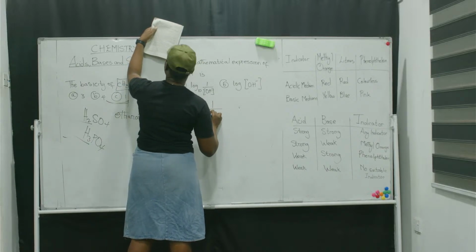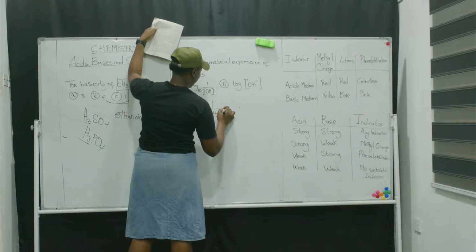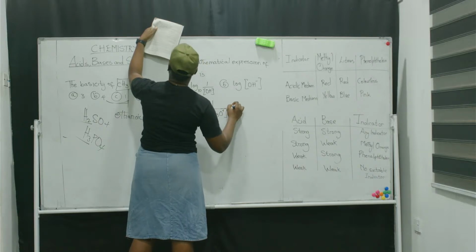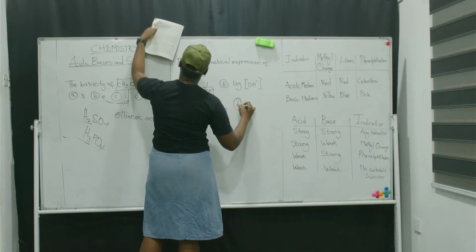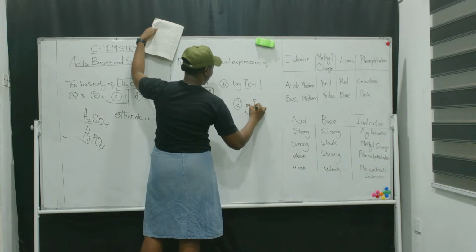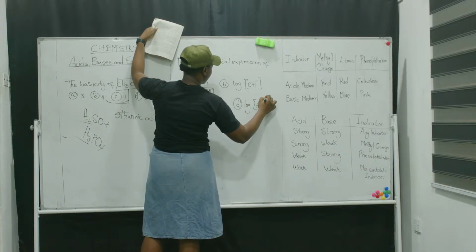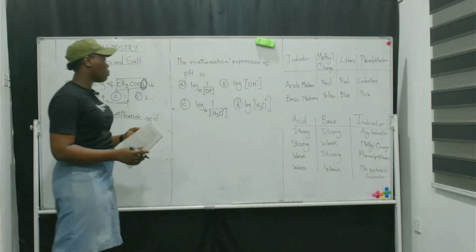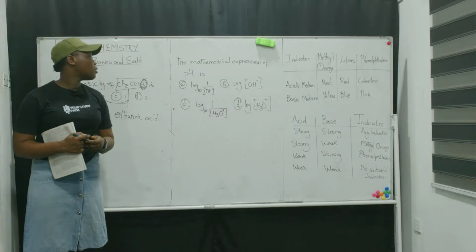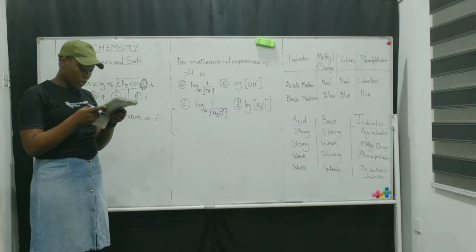I write it exactly the way it is here. D, log H3O plus. If you're told to try, what would you pick? Which of them would you pick?